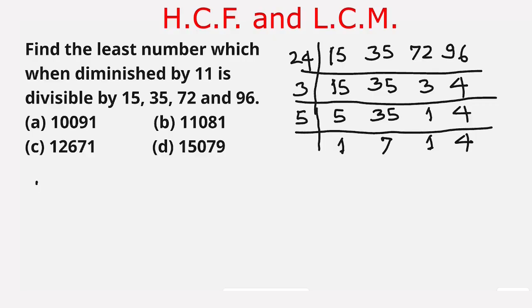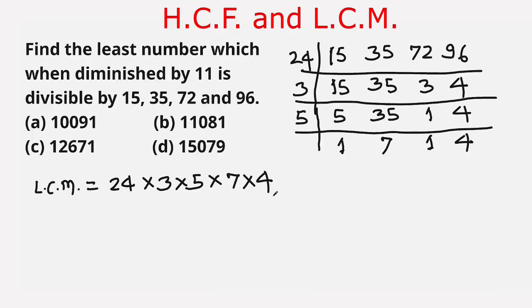So LCM equals 24 multiplied by 3 multiplied by 5 multiplied by 7 multiplied by 4. 24 times 3 is 72. 72 times 5 is 360. 360 times 4 is 1440.